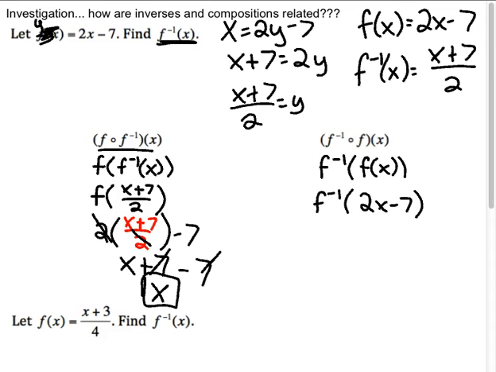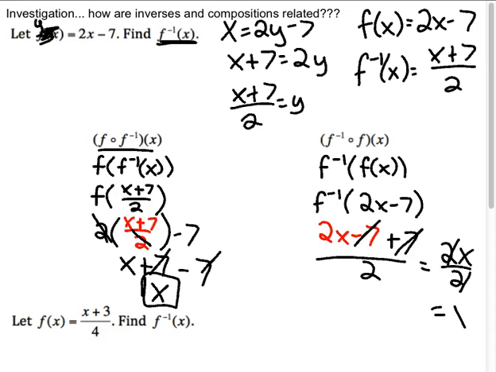So in my new function, I'm going to put that in the place of x. So I'm writing the inverse, but I'm substituting in that 2x minus 7. Well, those cancel, and I just get x again.